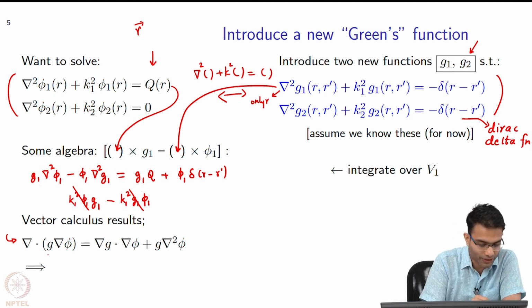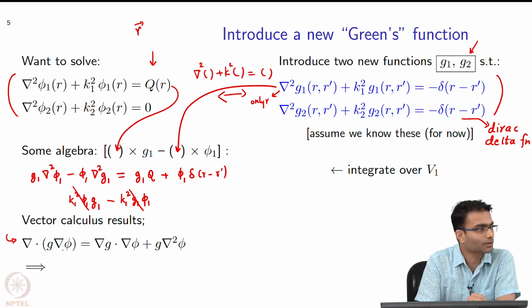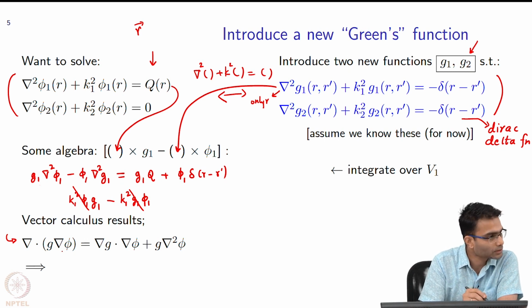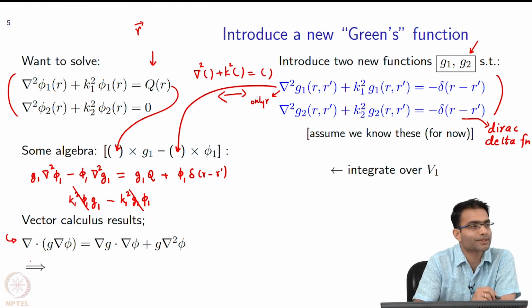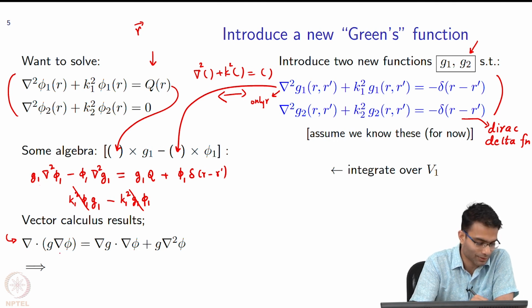So I have two functions g and grad phi. So when I want to take the derivative of the product, in vector calculus it becomes divergence, right. So before we get into anything, look at the left hand side. Is the left hand side a scalar or a vector? Grad g is a vector, g is a scalar.